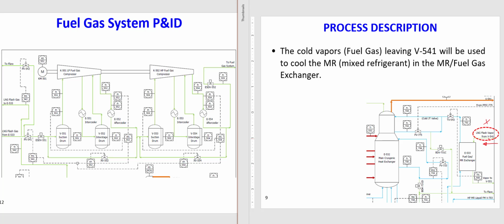It is a heat exchanger where our cold fuel gas coming from the top of the LNG flash drum goes through and absorbs the heat and becomes warm. Here it is cold, here it becomes warm. So from which stream is it absorbing the heat? It is absorbing the heat from the mixed refrigerant that is coming from the high pressure compressor.